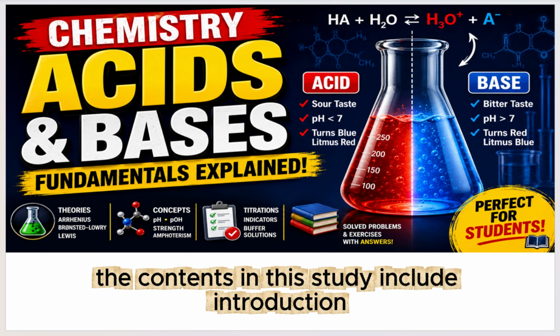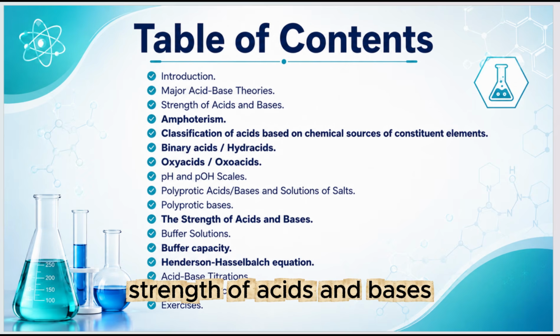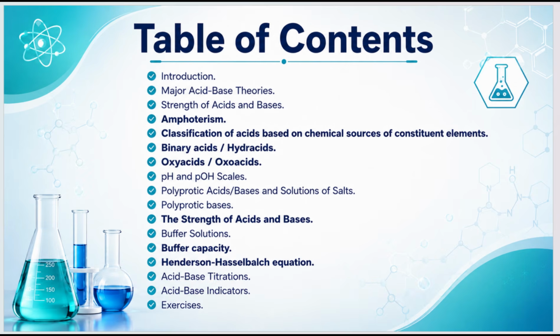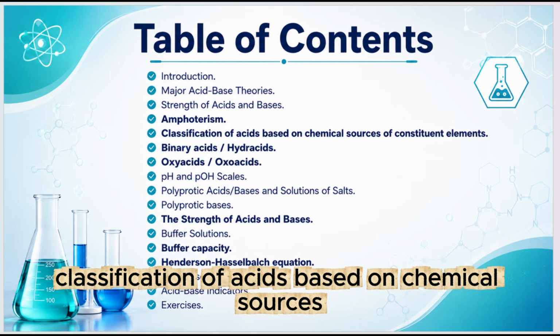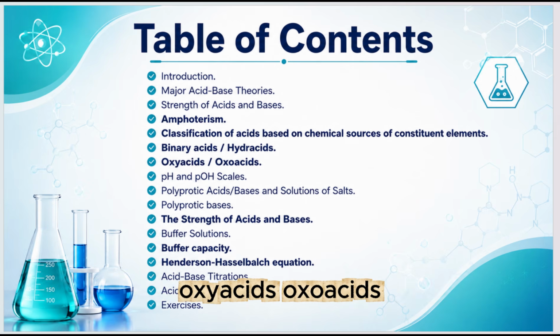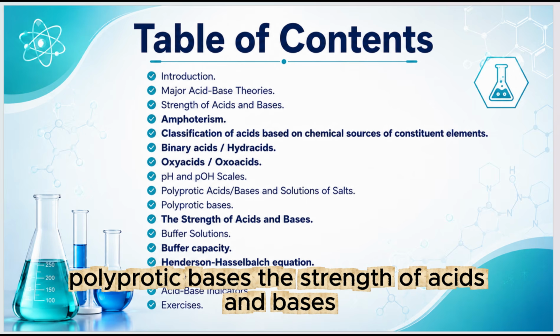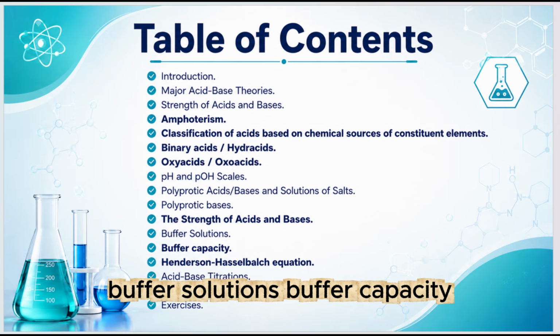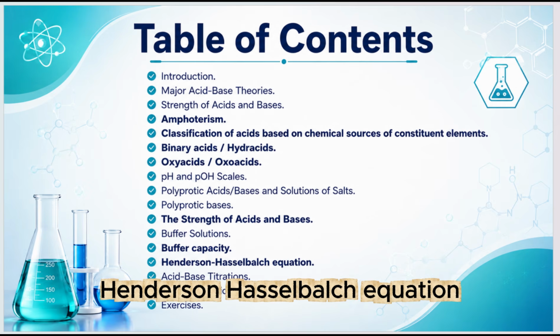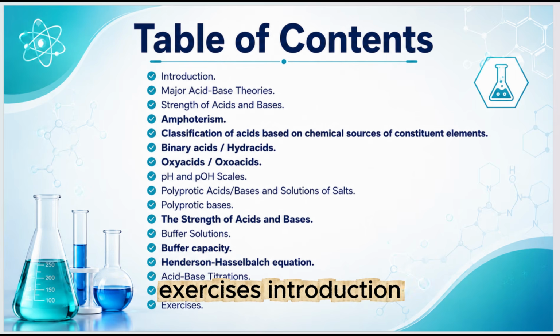The contents in this study include introduction, major acid-base theories, strength of acids and bases, Amphoterism, classification of acids based on chemical sources of constituent elements, binary acids, Hydracids, Oxyacids, Oxoacids, pH and pOH scales, polyprotic acids, bases, and solutions of salts, polyprotic bases, the strength of acids and bases, buffer solutions, buffer capacity, Henderson-Hasselbalch equation, acid-base titrations, acid-base indicators, exercises.